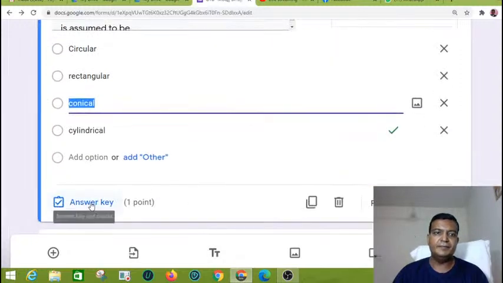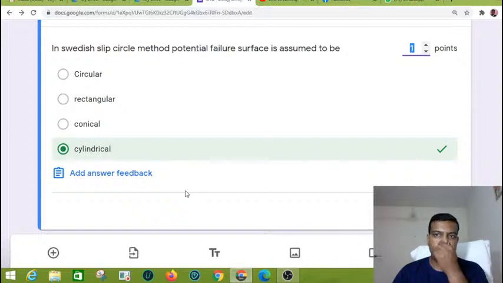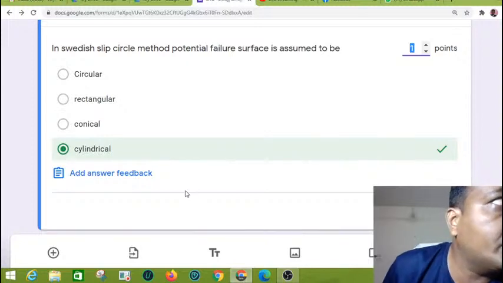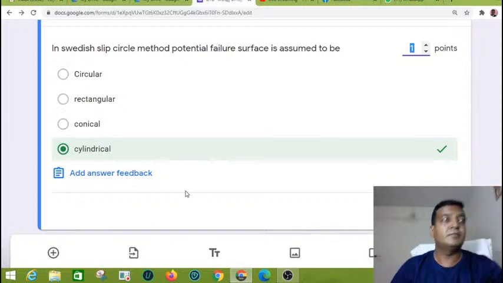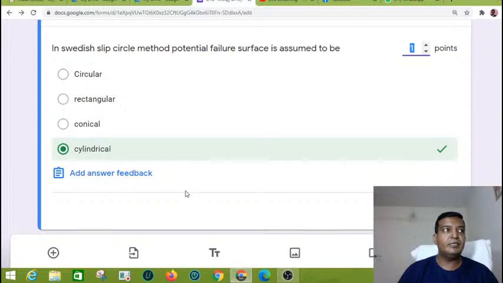Let us see the answer. The answer key is cylindrical. It's not circular, it is cylindrical.